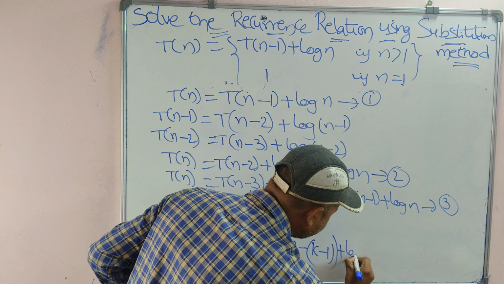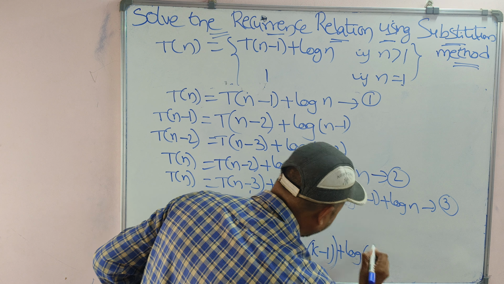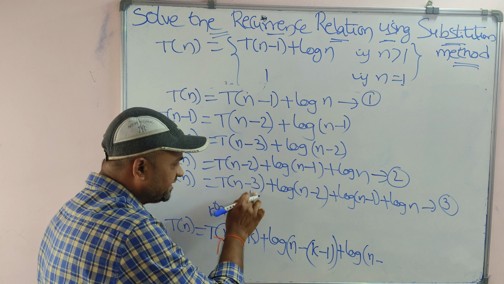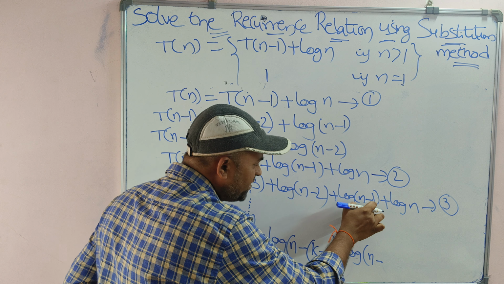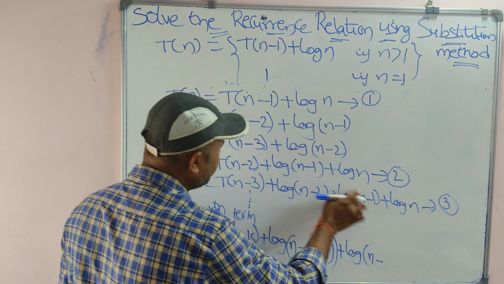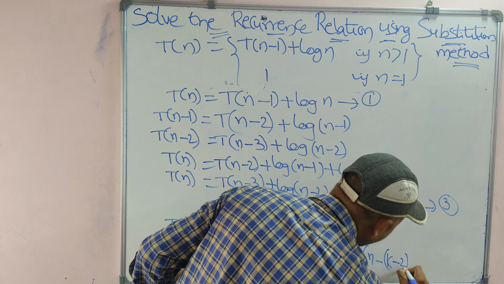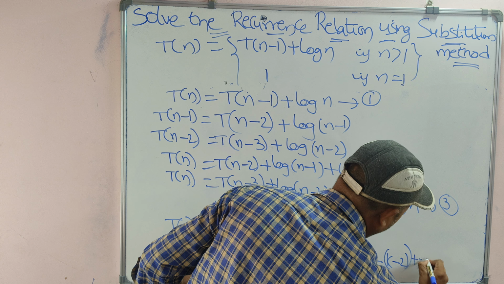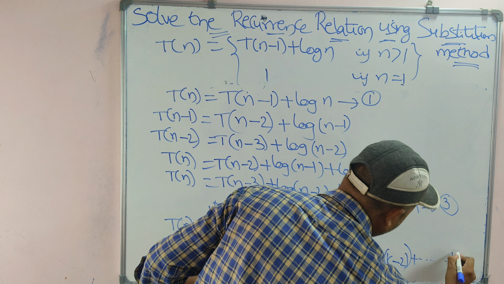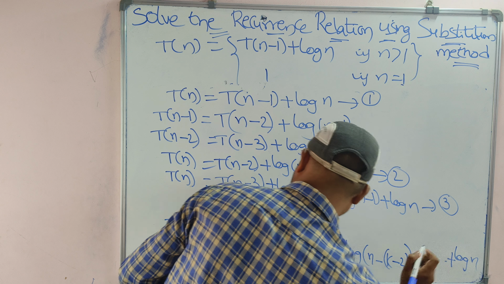Next, plus log of n minus, here the k value is 3, but here we have to obtain 1. So how to get 1 from 3? By subtracting 2. 3 minus 2 means 1. And so on. What is the last term? Log n is the last term.